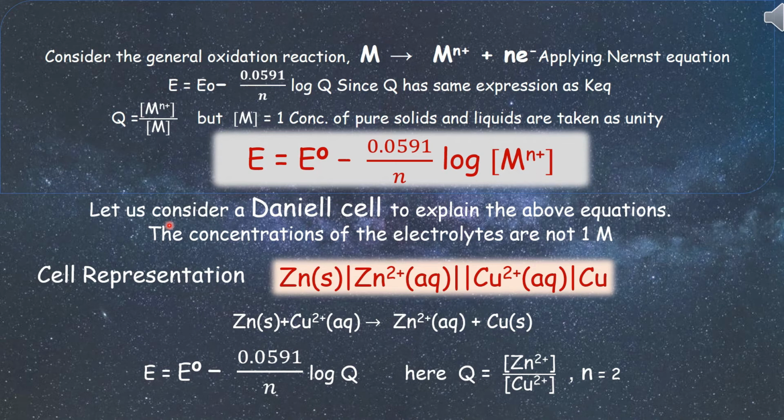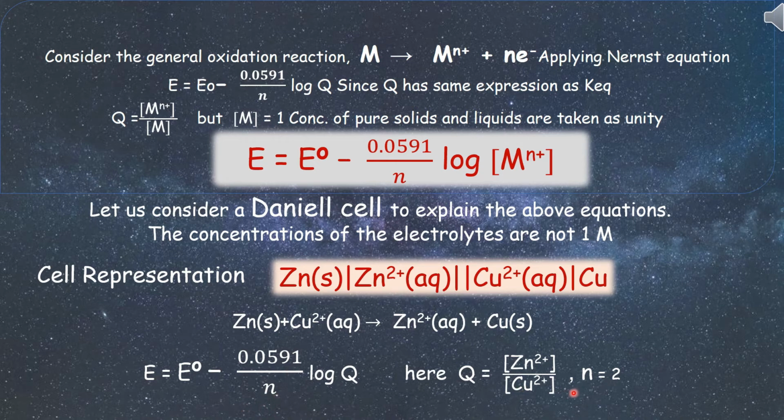Now let us put this equation into a Daniell cell. When the conditions are non-standard, that is, when the concentration of the electrolytes is not 1 molar, in that case, you will get E is equal to E0 minus 0.0591 divided by 2, because here n is equal to 2.